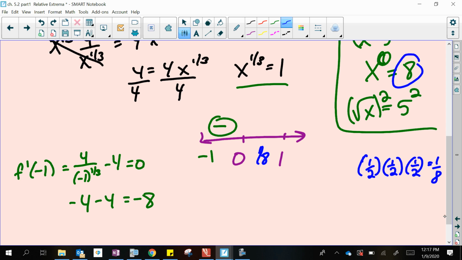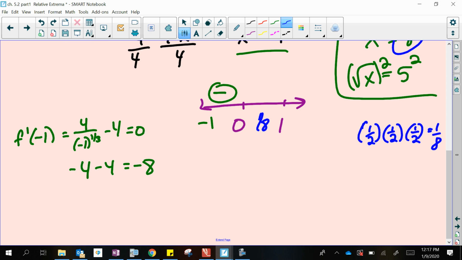So if we do that, we keep going and try it. Okay, so we've got 4 divided by the cube root of 1/8 minus 4. We already said the cube root of 1/8 is what?